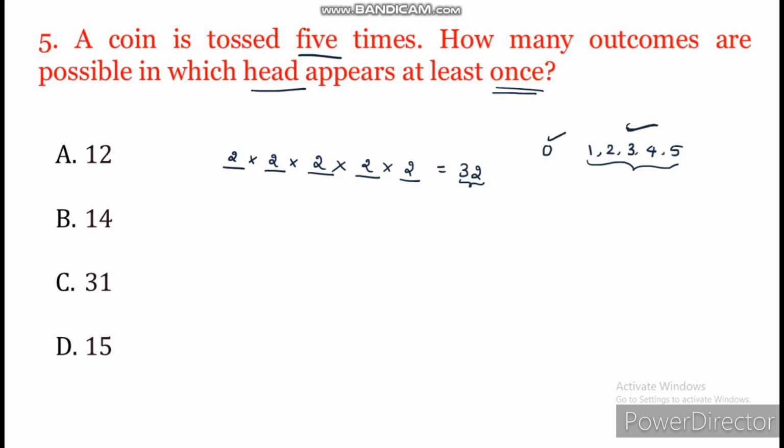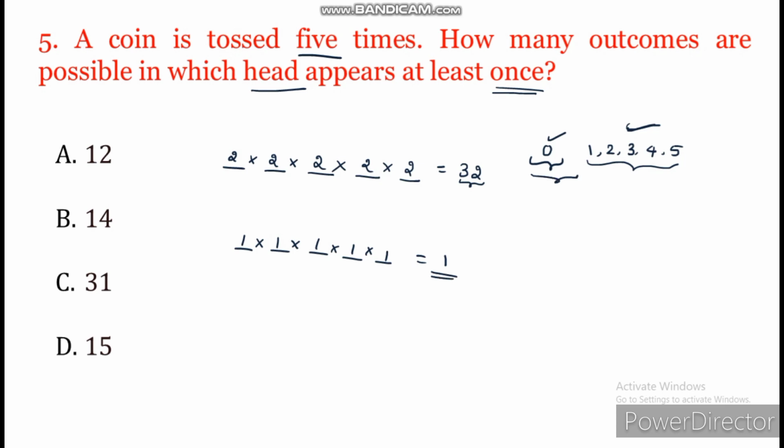Here you have all cases except 0, because head appeared no times means you have got all the tails. It means if you have 5 tosses, you have got all the tails. It means to fill up this I have only one option: tail, tail, tail, tail and tail. So there is only one case where you get all the tails.